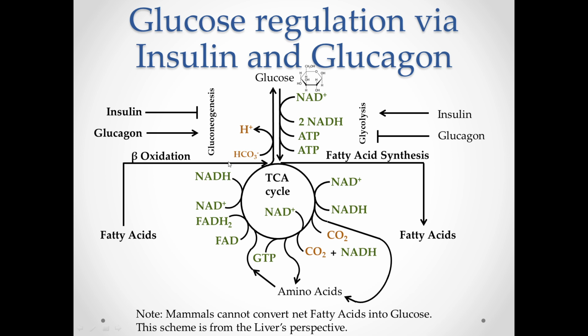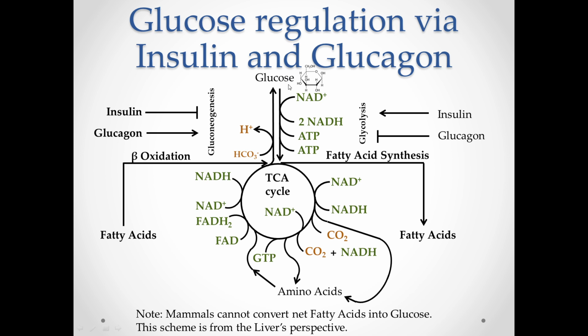Alternatively, fatty acid breakdown in the liver allows the production of glucose. Again, because the final product of beta oxidation is acetyl-CoA, which is one of the starting molecules for gluconeogenesis.